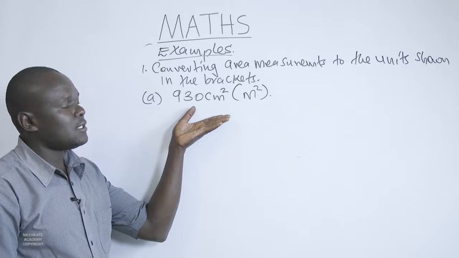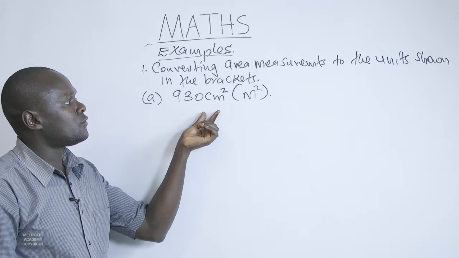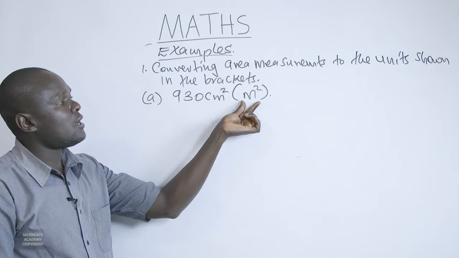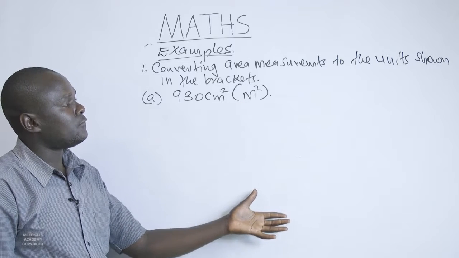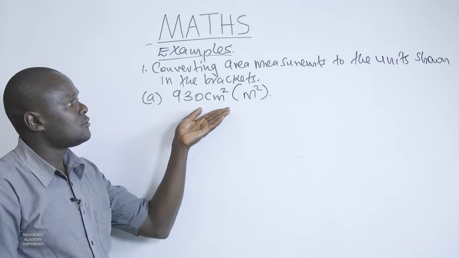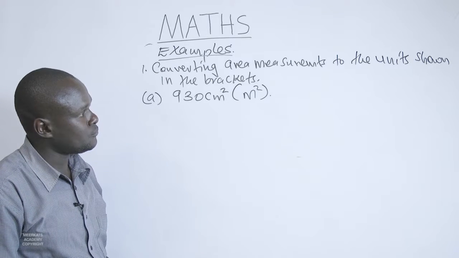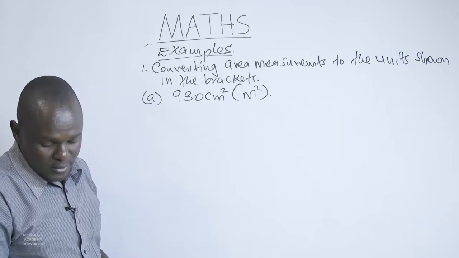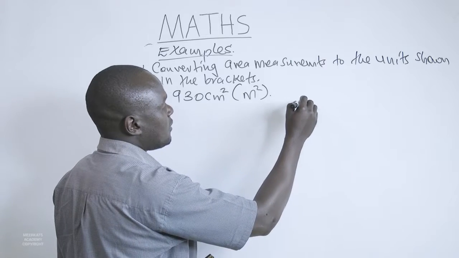When you look at this example, you will realize that we are actually moving from a smaller unit to a bigger unit. And from our flowchart that we've just had, when we move from smaller units to larger units, we perform division.